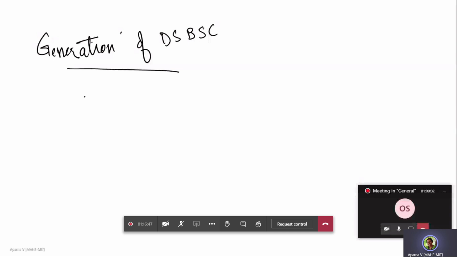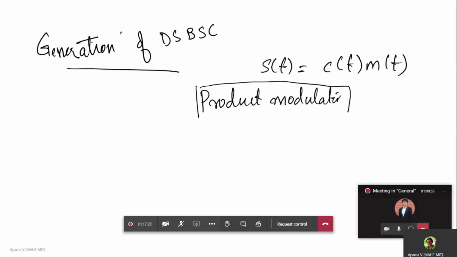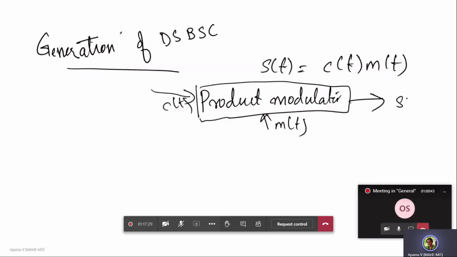As it is a product of two waves, cos and sine, your aim is S of t is C of t into M of t. As it is a product of two, you have to use a product modulator. So the basic thing is the product modulator. You are giving C of t and M of t and you are getting S of t.